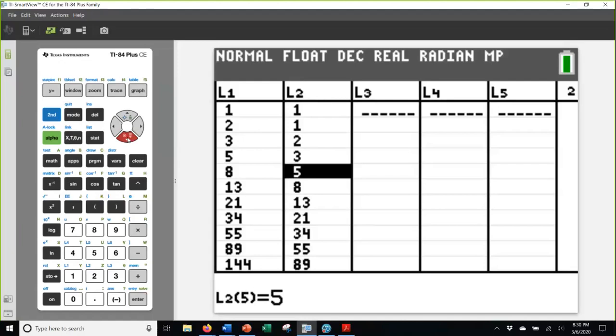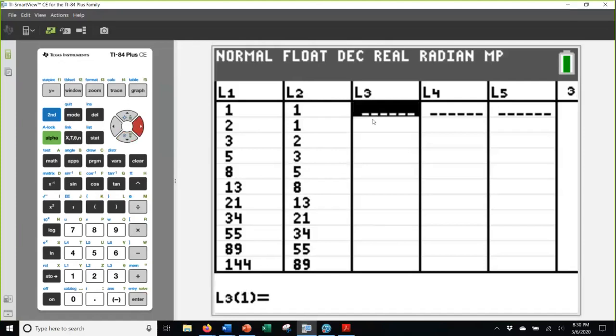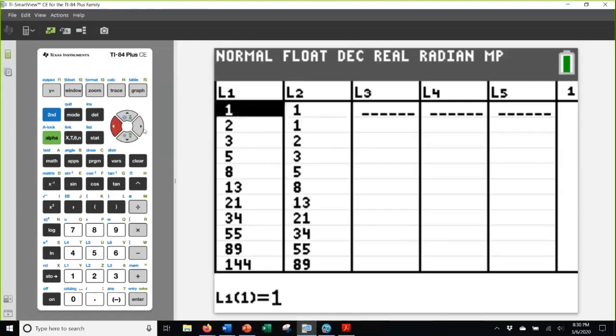And one of the fun ways to approximate the golden ratio is to divide a term of the Fibonacci sequence by the previous term. So I can do this just by doing the math here. If I divide 1 in L1 by the previous term, 1, I just get 1.